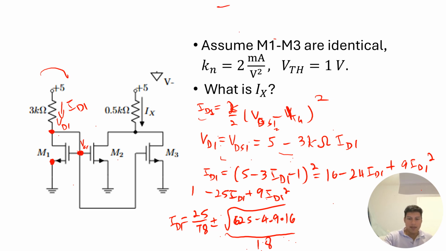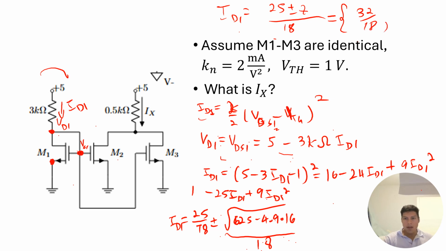So ID1 is equal to 25 plus or minus 7, divided by 18. 25 plus 7 gives me 32 over 18, or minus 7 gives me 18 over 18.